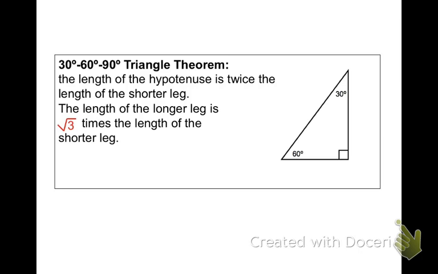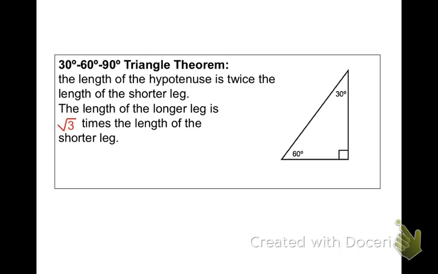So your 30, 60, 90 triangle theorem states that the length of the hypotenuse is twice the length of the shorter leg, and the length of the longer leg is square root 3 times the length of the shorter leg.